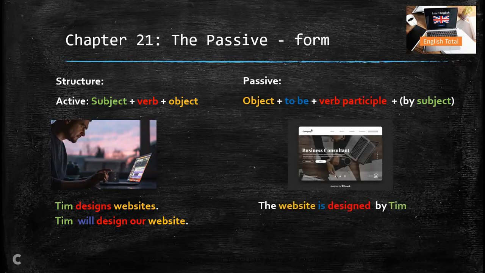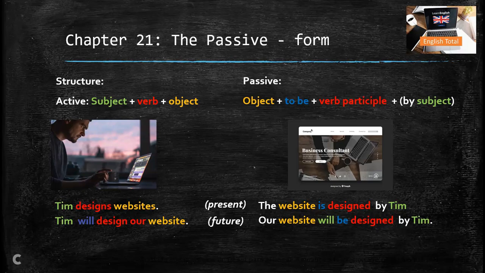The website is designed by Tim. Our website will be designed by Tim. As you can see, one example is present, the other is future. The examples on the left are active, whereas the examples on the right are the passive versions, where the focus is on what is done.